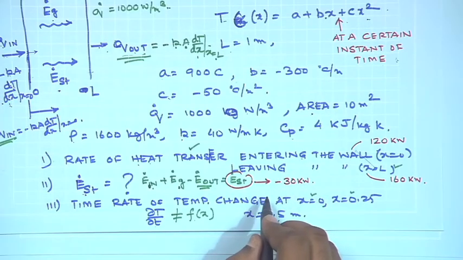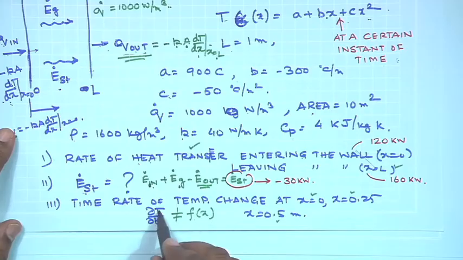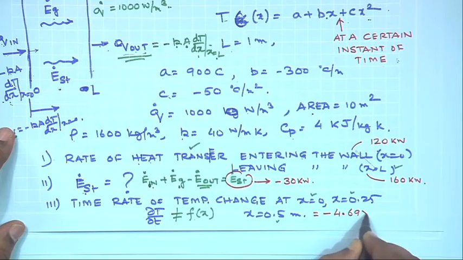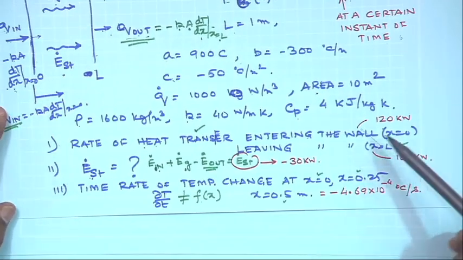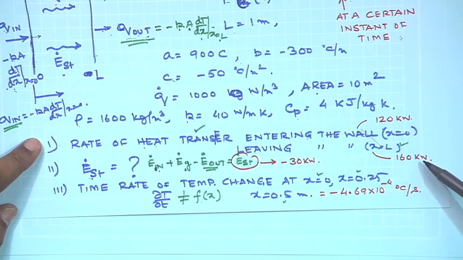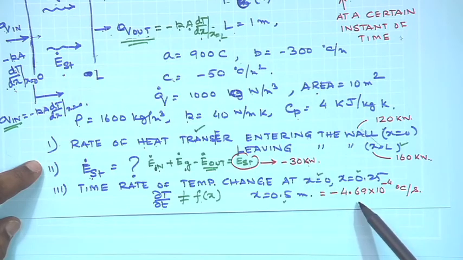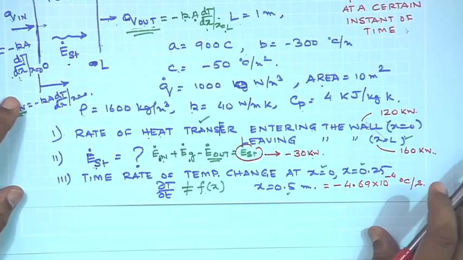That means the system is losing this much energy at that instant of time, and you would see that del T by del time would be minus 4.69 into 10 to the power minus 4 degree centigrade per second. So, the answer to the first part: the in is 120, the out is 160, the stored is minus 30, and the time rate of temperature change is going to be minus 4.7 into 10 to the power minus 4 degree centigrade per second.